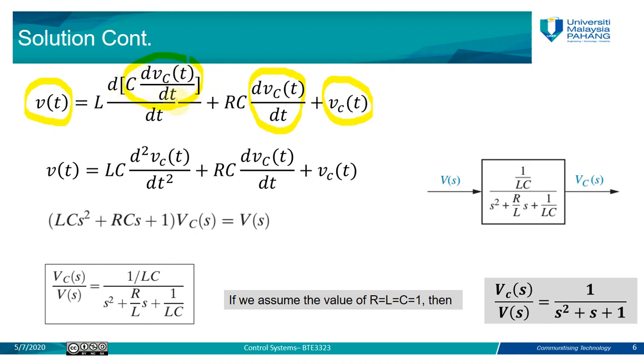Now we can simplify this differential equation because C is constant. C goes outside, so LC multiplied by d squared VCT over dt squared, plus RC dVCT over dt, plus VCT equals Vt.